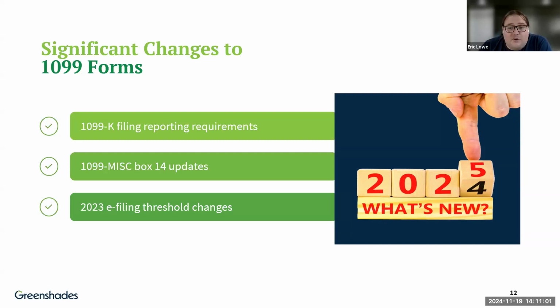So they have been gradually lowering these thresholds. This means that organizations are going to be required to e-file more than they have in the past, even if they've historically used paper submissions. This change, again, is just going to help the IRS manage all the returns that they're processing and make sure that it's aligned to their goals of increasing efficiency and reducing paperwork and things like that.